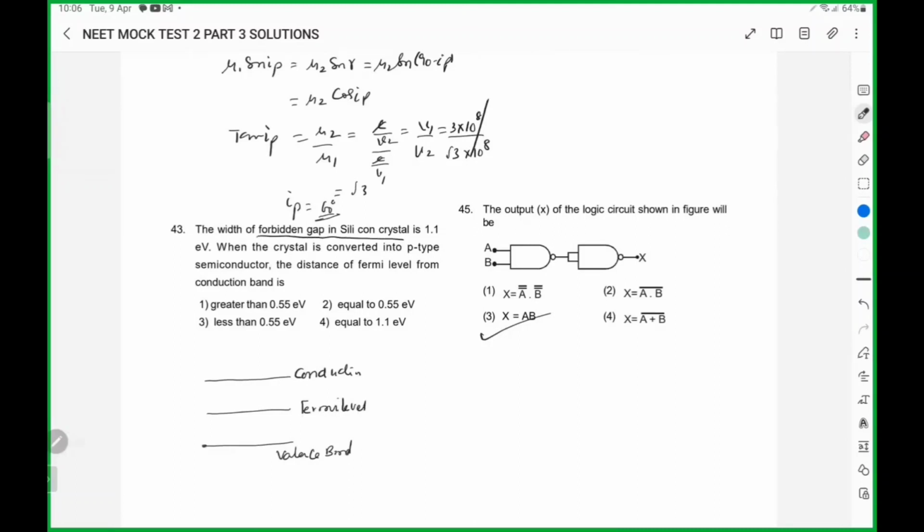The forbidden gap for silicon is 1.1 electron volts. So the Fermi level from the conduction band is 1.1 by 2, that is 0.55 electron volts. So how to get a p-type semiconductor? By doping with a trivalent impurity.